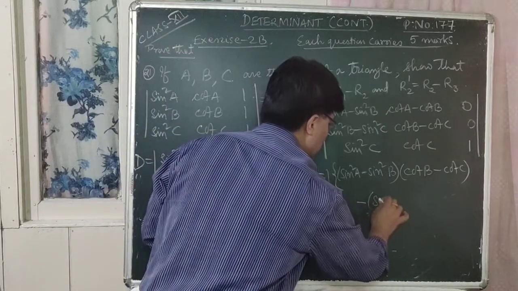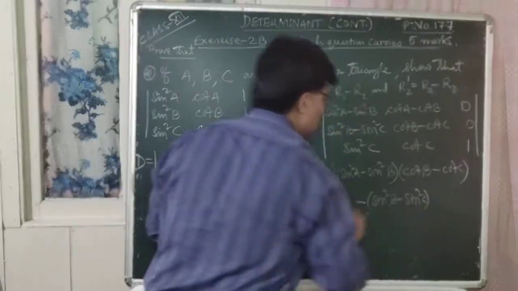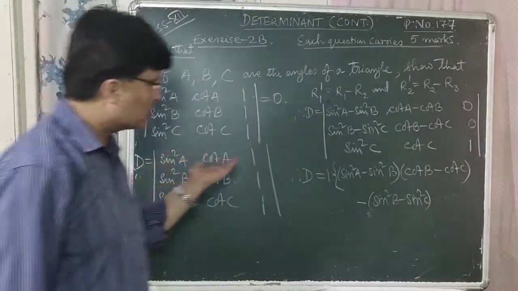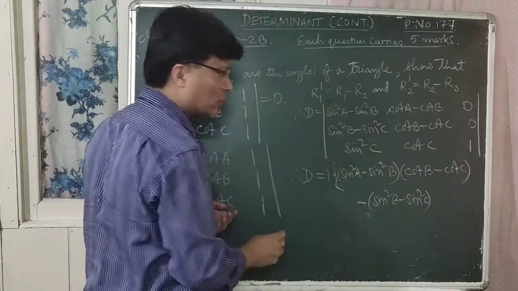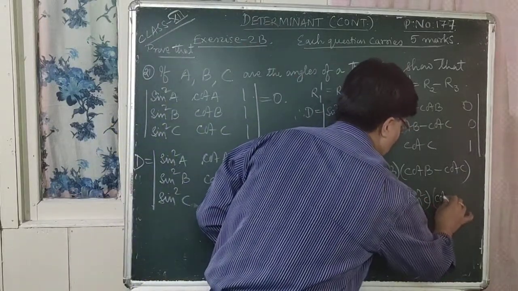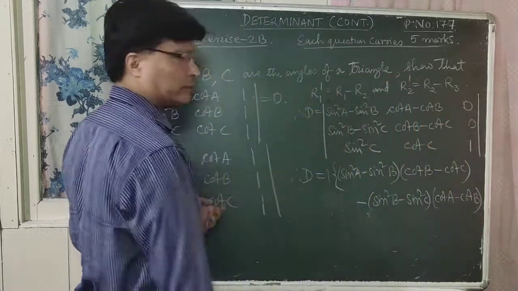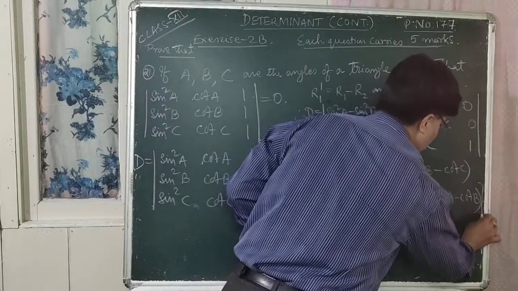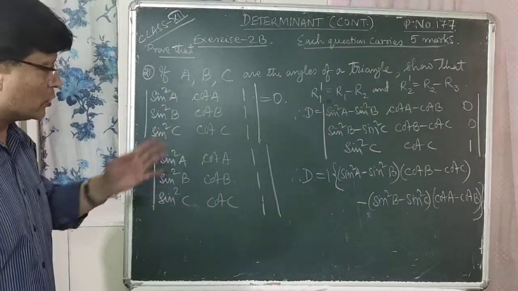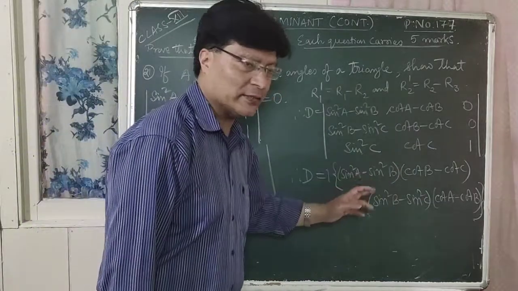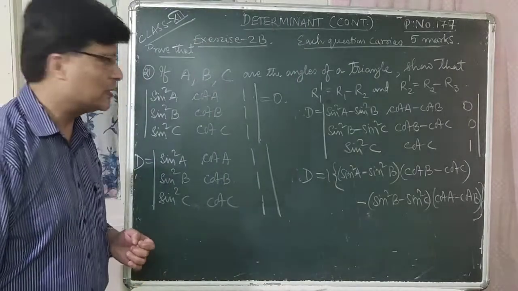So it is sin square B minus sin square C, then cross multiplied by cot A minus cot B. So here the second bracket is closed. Is it understood? So this is your expansion. This is the expansion of this determinant, right?